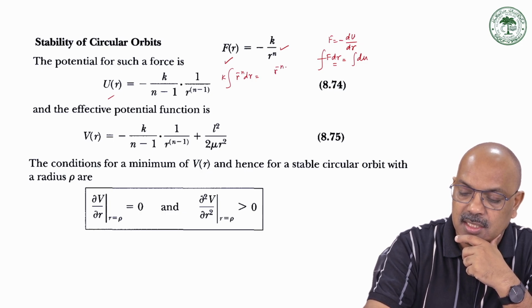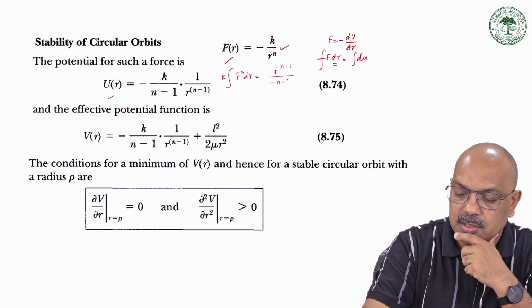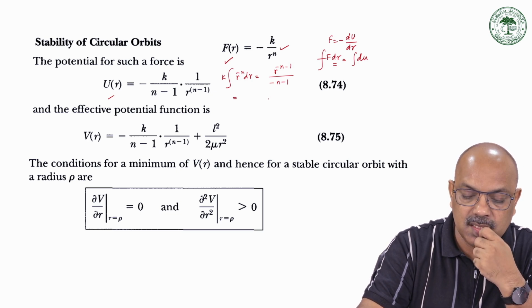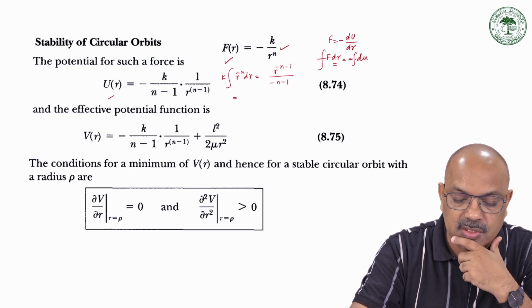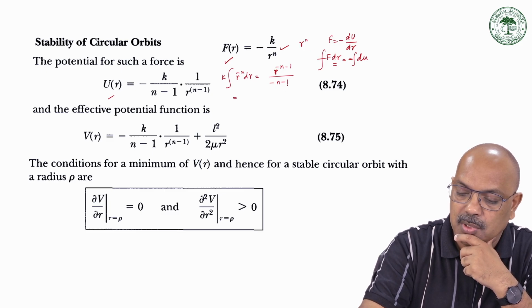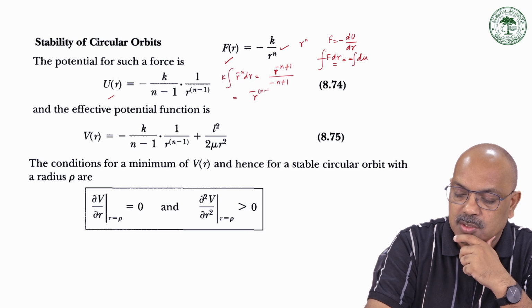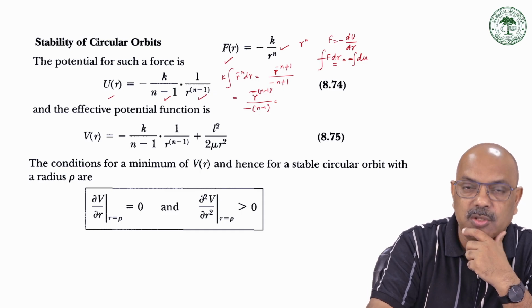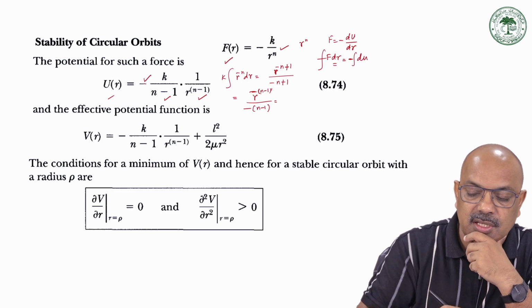So what you're going to have is r to the power minus n plus 1, divided by minus n plus 1. So you have r to the power minus n minus 1, and you're going to have minus n minus 1 in the denominator. Because of this negative sign, you get r to the power n minus 1 in the denominator.